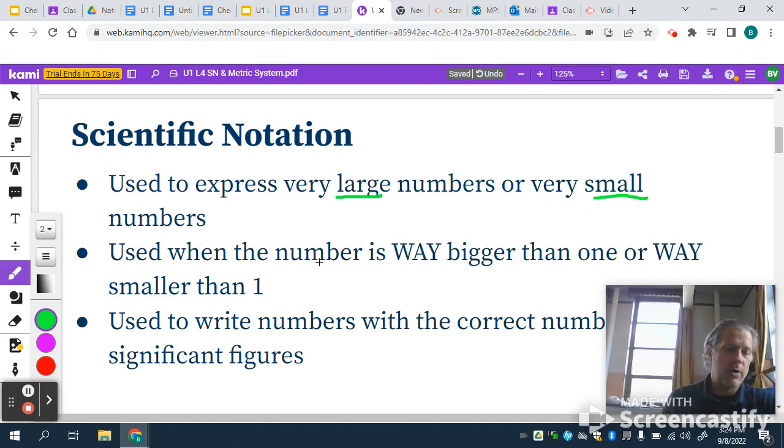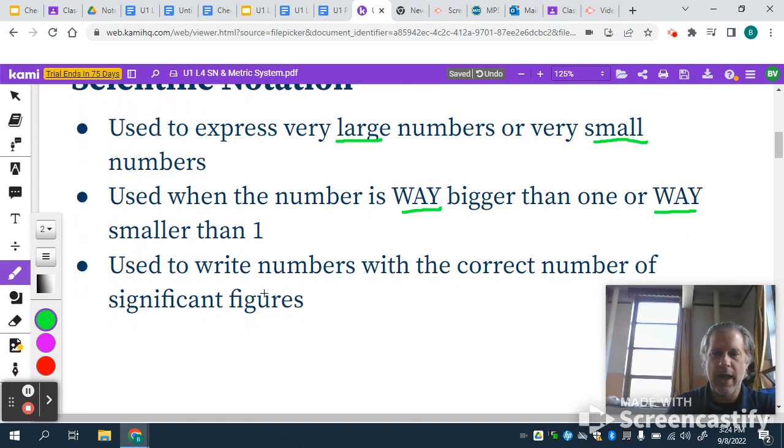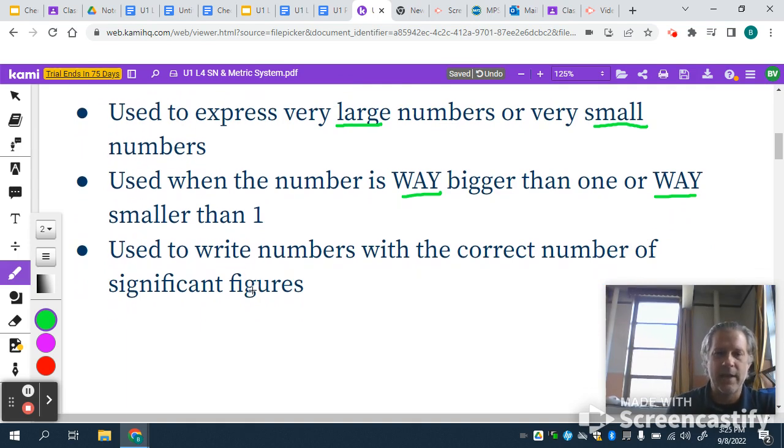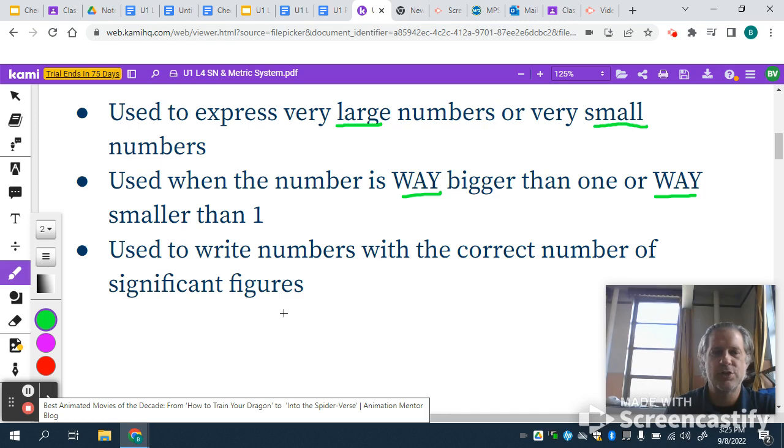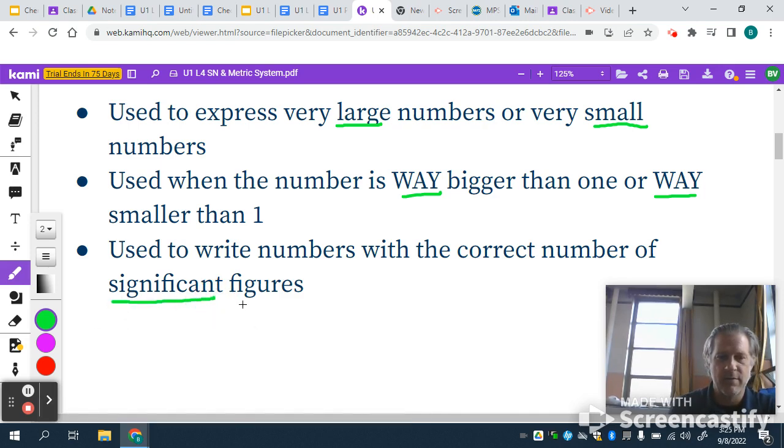It's used when a number is way bigger than 1 or way smaller than 1. And it's also used when we have a number that we can't get in the correct significant figures, and so we can put it into scientific notation to have it be in the correct number of significant figures.